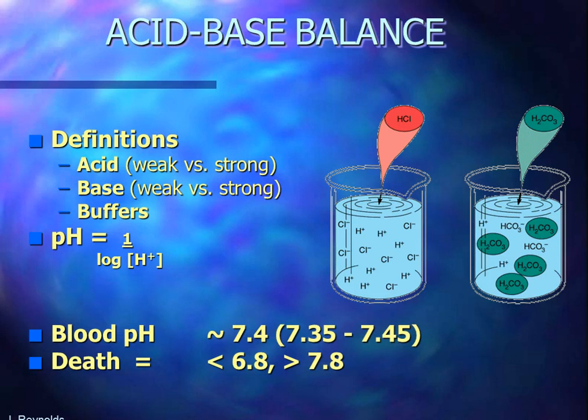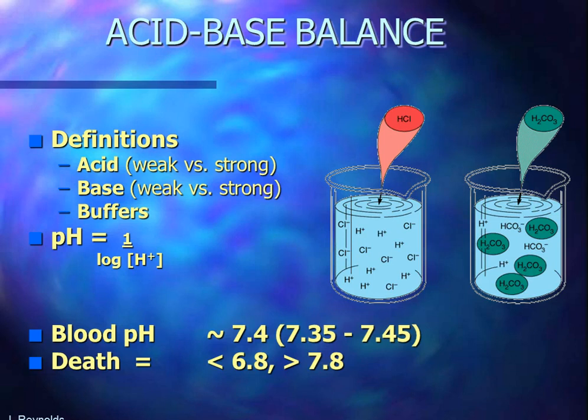Weak bases are towards the neutral middle of the pH scale, 8, 9. Your body would much rather have weak acids and weak bases than strong acids and strong bases. Keep that in mind. It's going to really help you when we talk about buffering and things like that.